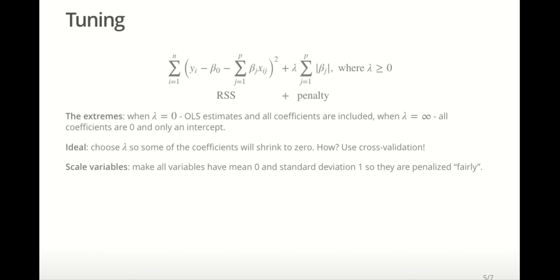If we didn't do this, variables that are measured on larger scales would be penalized more than those measured on smaller scales. For example, the same variable measured in pounds would be penalized more than if it were measured in ounces. Again, the functions we use will do this part for us. It will also display the final coefficients in the original scale so that the model is interpretable.